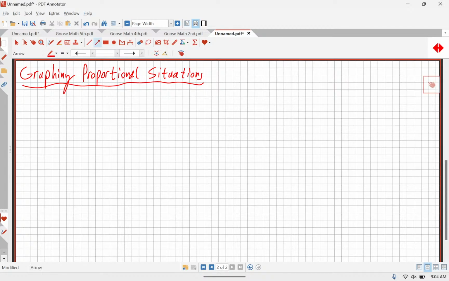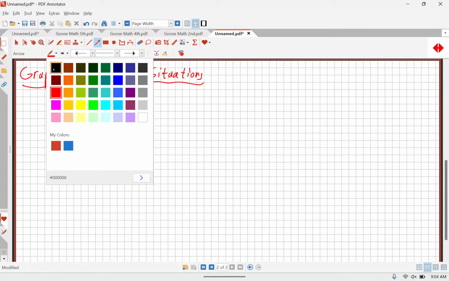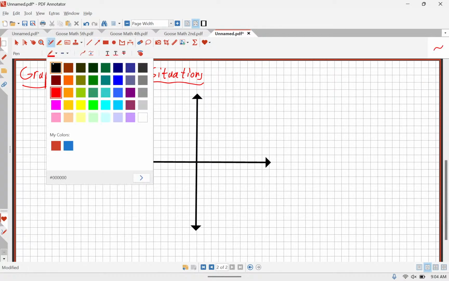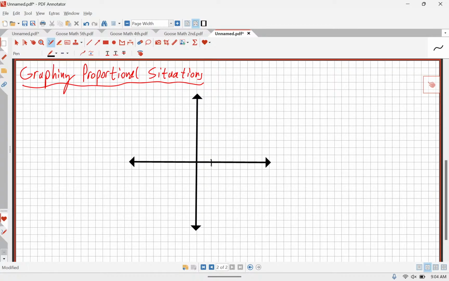Okay, let's talk about the parts of a coordinate plane. We're going to draw a coordinate plane, which looks like a big plus sign. A coordinate plane is really just two number lines that have been glued together. Positives go like this: 1, 2, 3, 4.